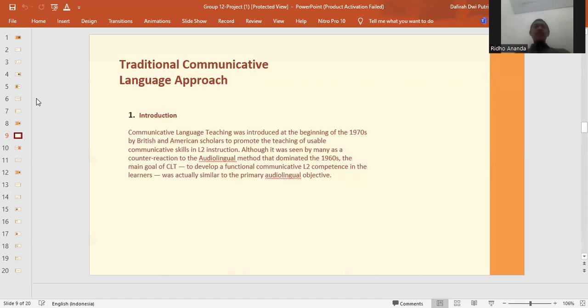For this reason, the learning of scripted dialogues was replaced by games, problem-solving tasks, and unscripted situational role plays, and pattern drilling was either completely abandoned or replaced by communicative drills.